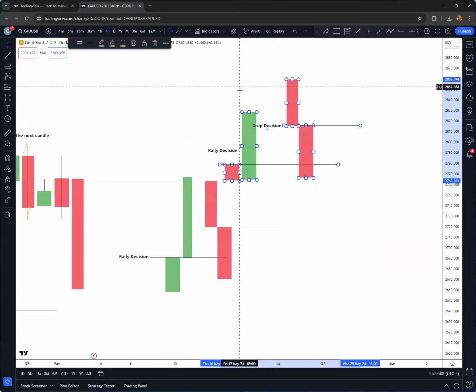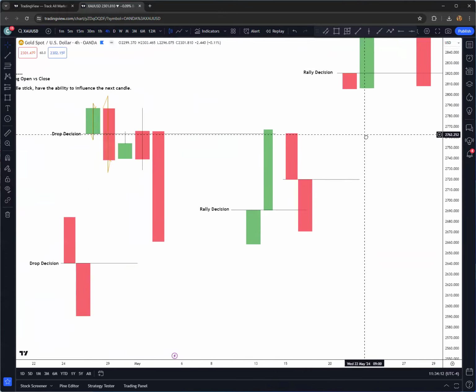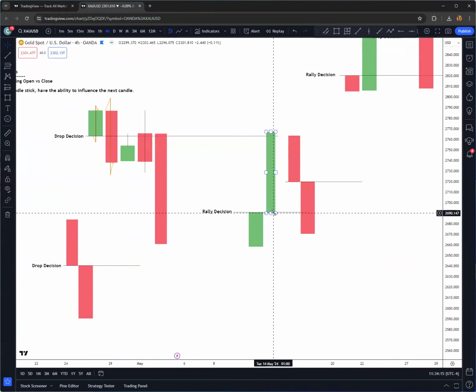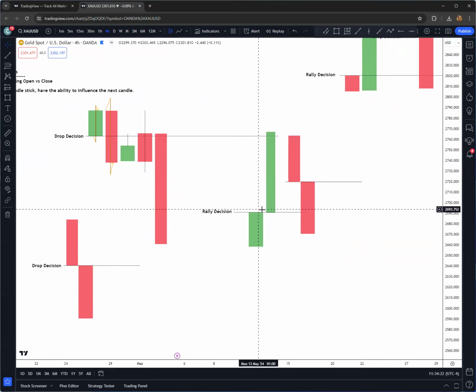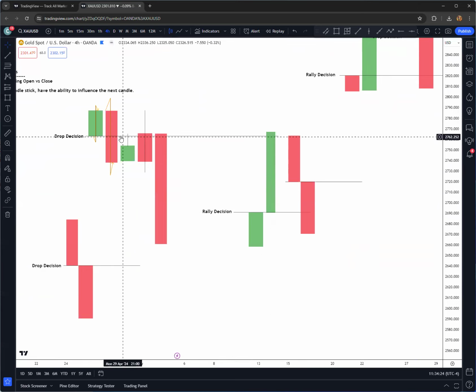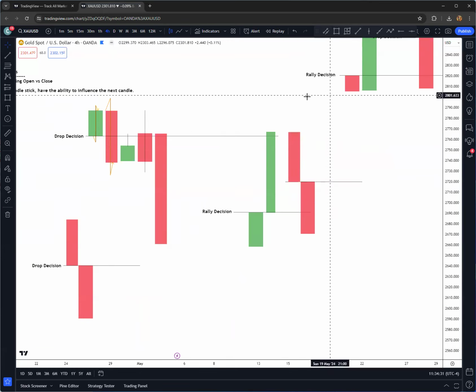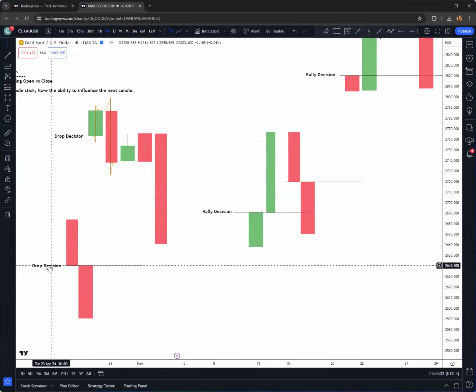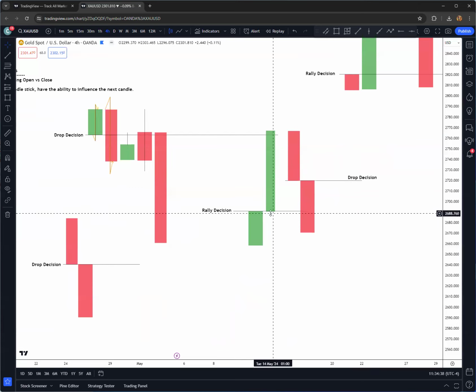Could be this other scenario here where this level breaks this drop decision. Because this becomes a rally when you break this drop decision. And then when this opposing candle does this and takes this out, it makes this guy a drop decision because he was able to break the open of this guy.